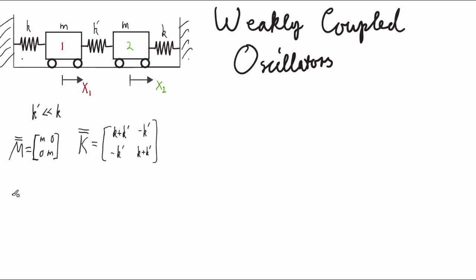So this means then that the matrix that we want to take the determinant of, which is K minus omega squared M, is just equal to the following. And then we just have to take the determinant of this.